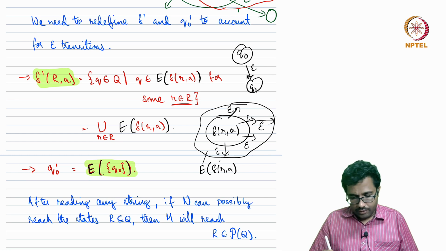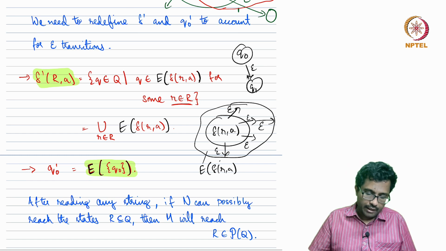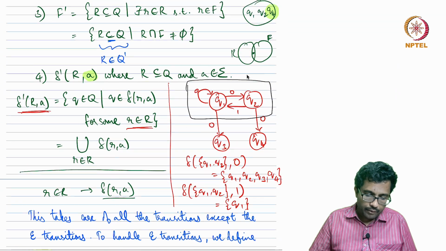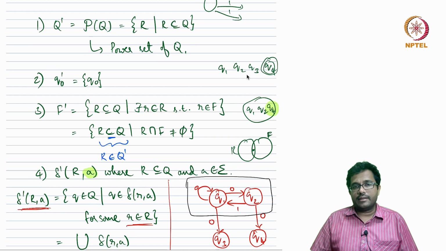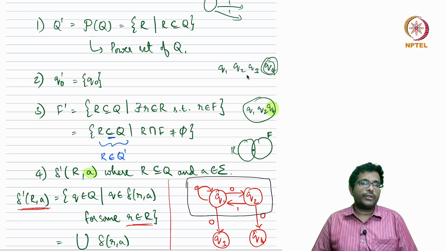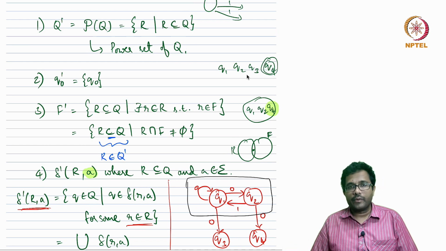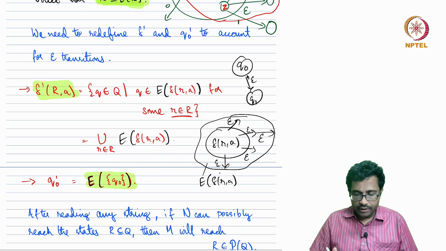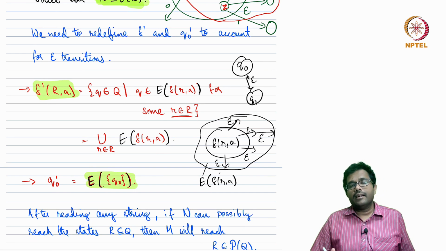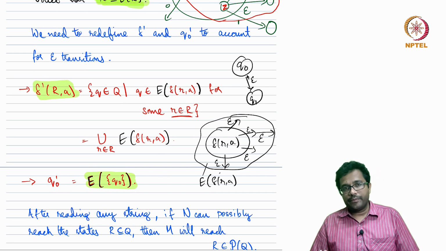So these are the two changes that we need to make for taking the epsilon transitions into account. So Q prime is the set of all subsets of Q, or the power set of Q. The starting state is the epsilon closure of the singleton set containing Q0.